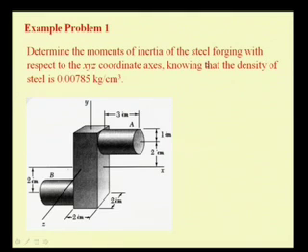Knowing that the density of the steel is 0.00785 kg per centimeter cube, we need to determine the second moment of the mass with respect to the coordinate axes.